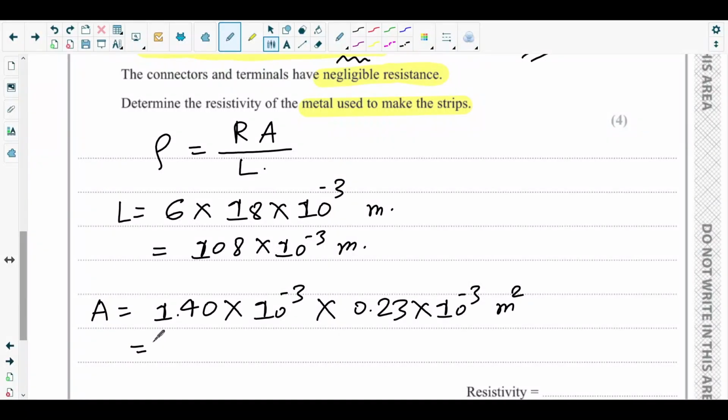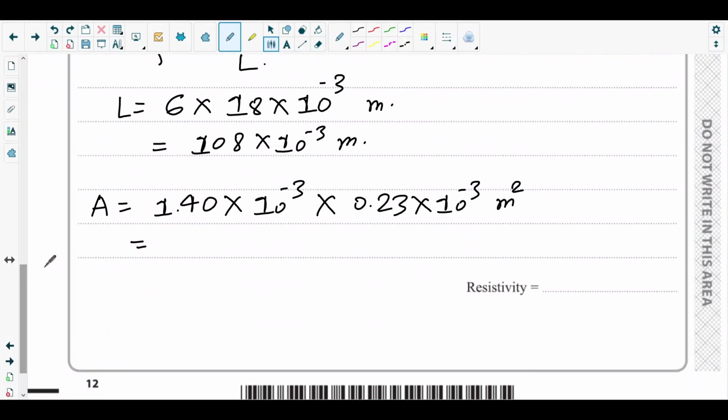Now just calculate the value. 1.40 times 0.23 gives 0.322 times 10 to the power minus 6 meter squared.